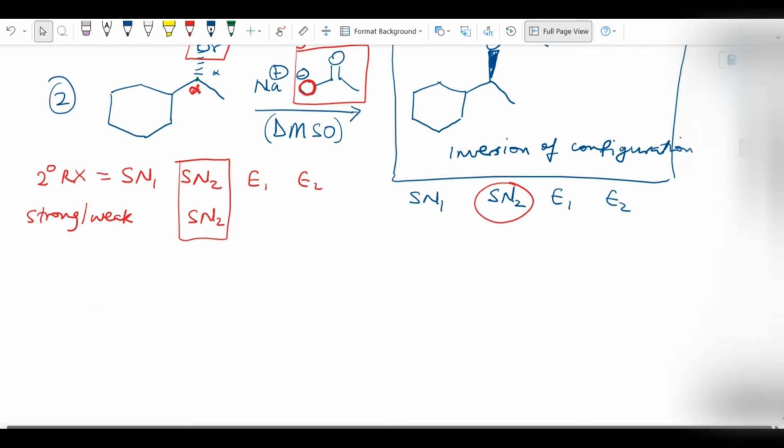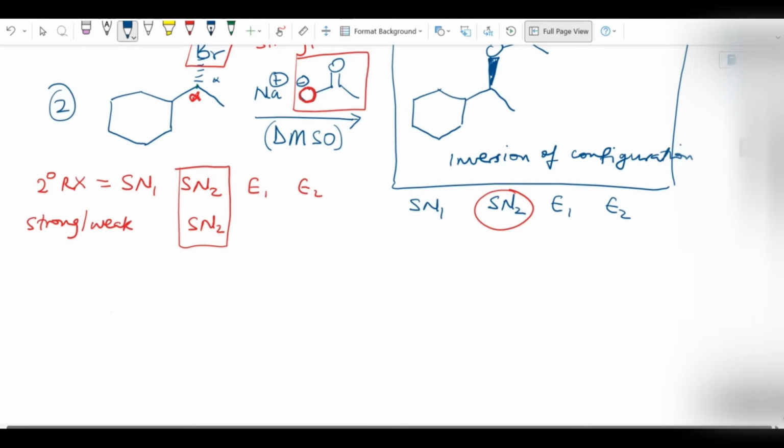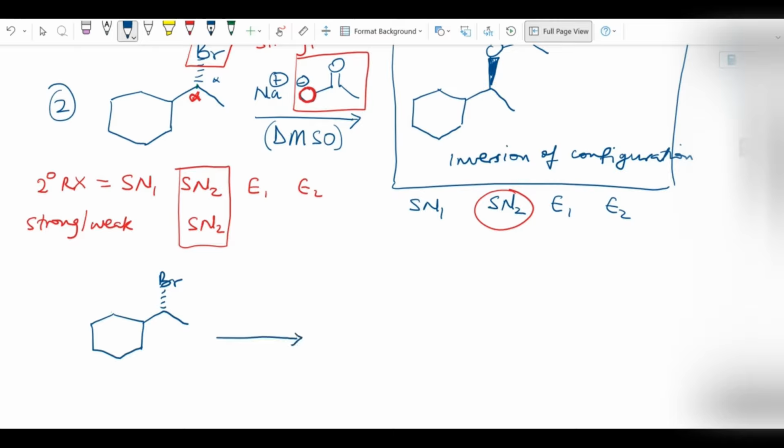So let's go ahead and draw the mechanism for this reaction. We'll draw the curved arrow from the lone pair on the negatively charged oxygen, and that nucleophile will attack the alpha carbon from the opposite side as the leaving group.